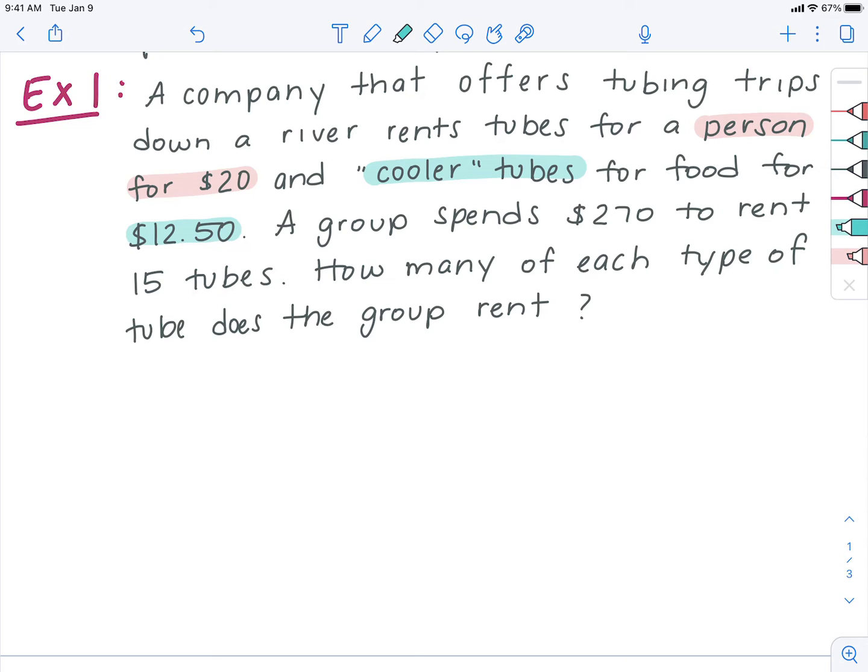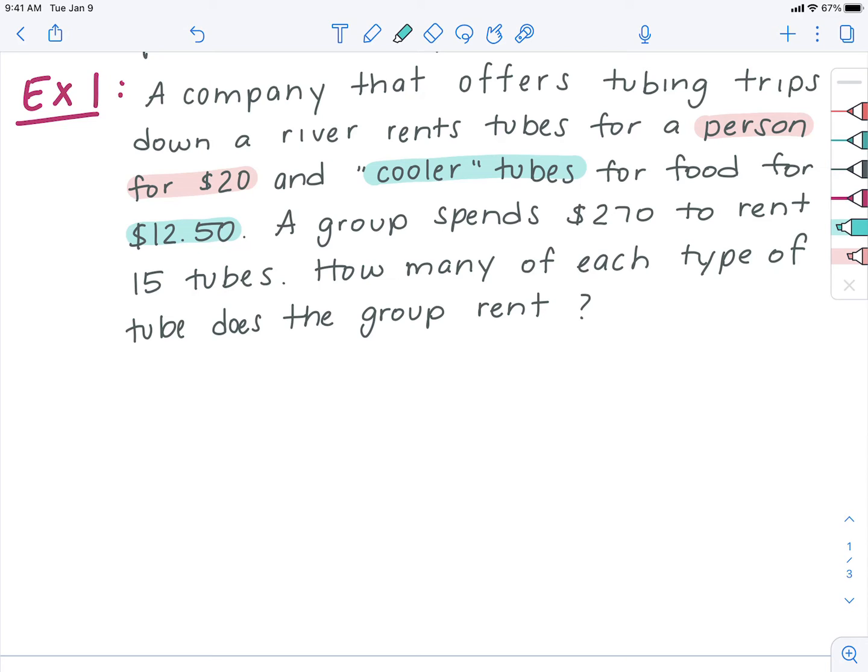And they want to know how many of each type of tube the group rents. Almost every single time, that very last question will tell you exactly what your variables should be.